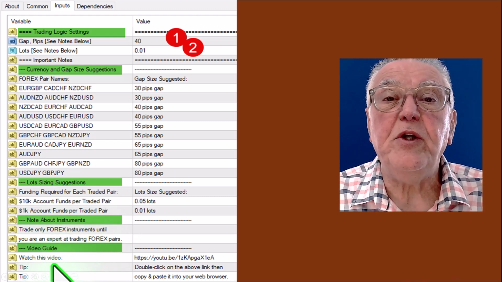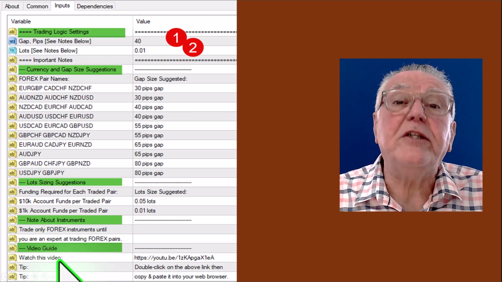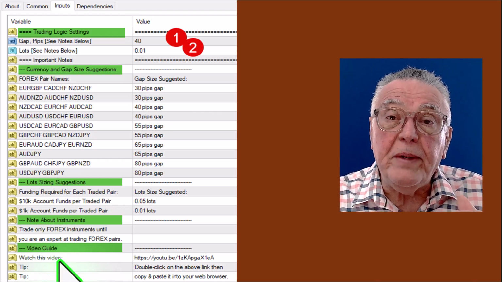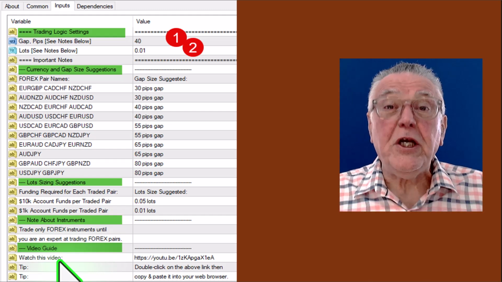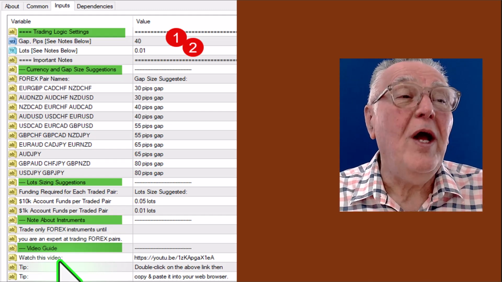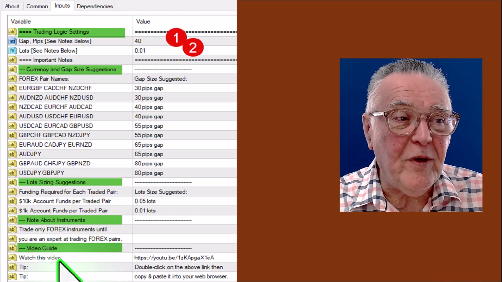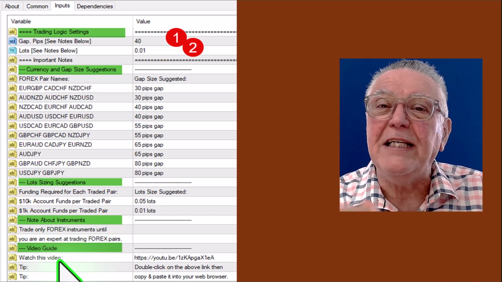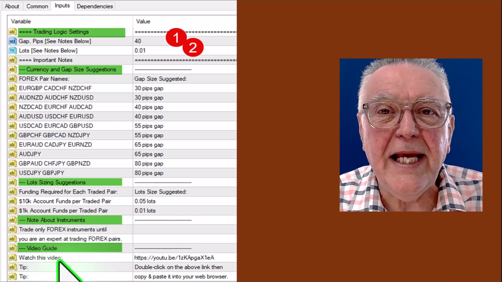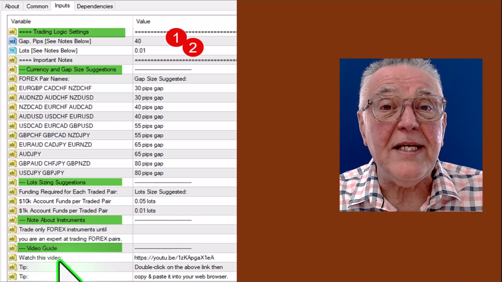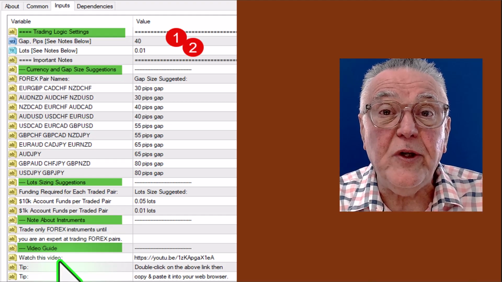Then we provide you with a link to an instructional video that gives you more information on how grid trading occurs. So what more can you wish for? No thinking involved. Guidance is provided, two settings, really nice, simple EA. And the big surprise that you'll get is the profitability that you'll experience.